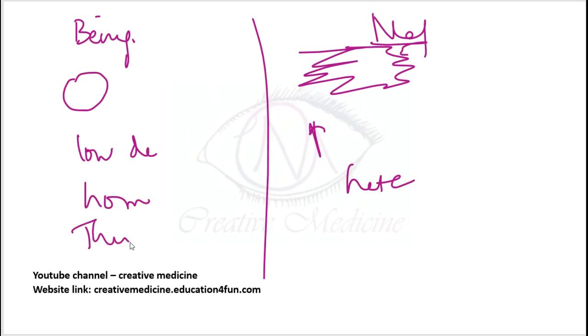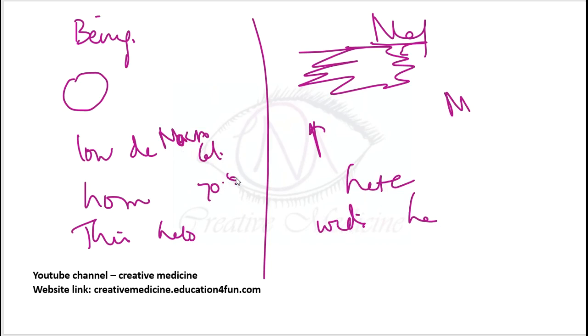Benign lesions have a thin halo around them. Malignant lesions have a wide halo around them. In benign lesions, you will see macro calcifications, that is more than 0.5 millimeters. In malignant lesions, you will see micro calcifications of less than 0.5 millimeters.